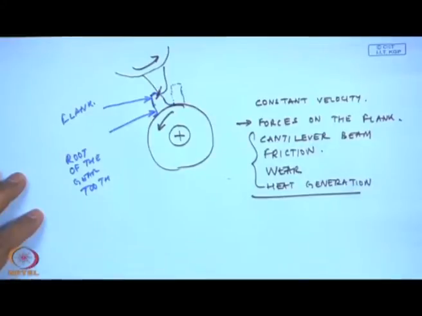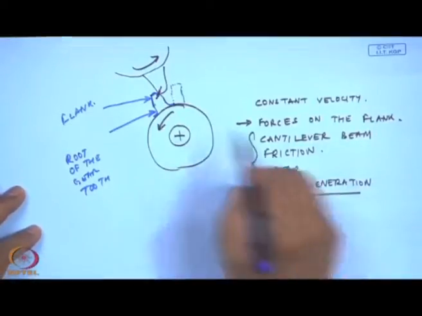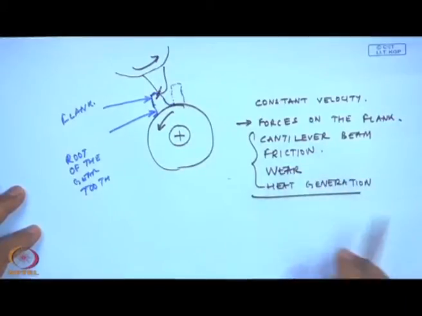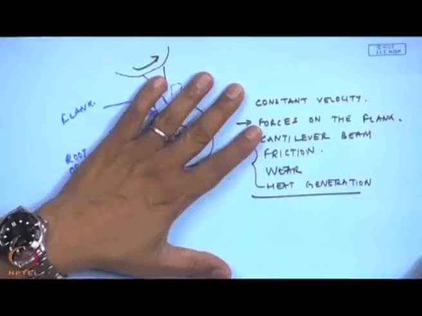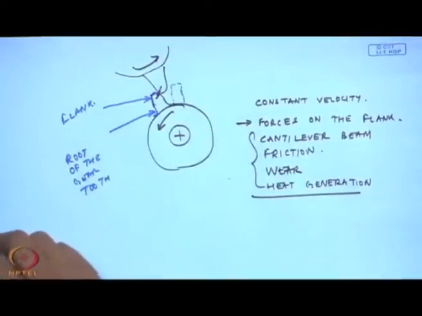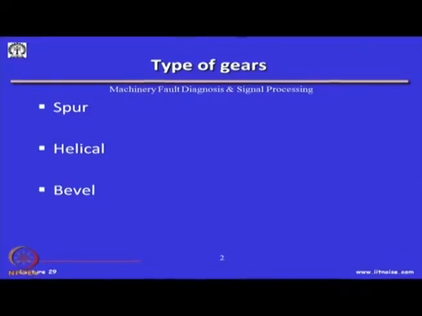So, for some reason, if these gears are not able to sustain the heat generated because of the friction, or not able to sustain the forces, they are going to fail. I will come to this a little later, but now let me tell you what are the different types of gear available.